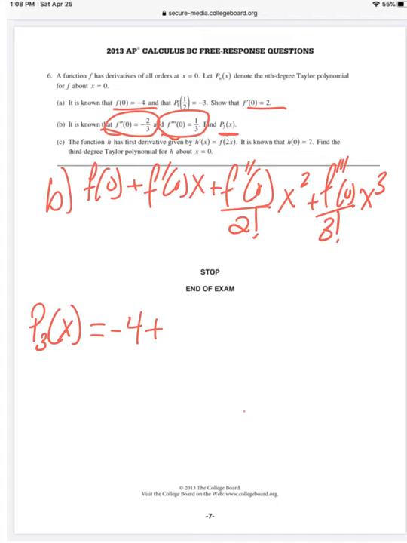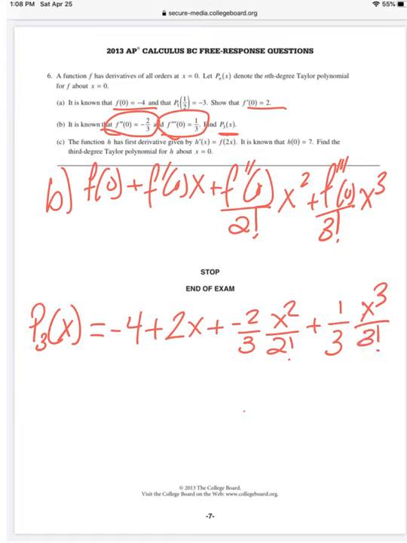So even if you didn't understand part A, you could do B just by plugging in, knowing that that is 2 times x, plus the second derivative at 0, that's going to be -2/3 x squared, don't forget our 2 factorial, plus the third derivative at 0 is going to be 1/3. I still have x cubed over 3 factorial.